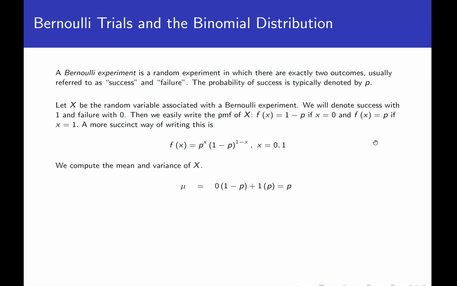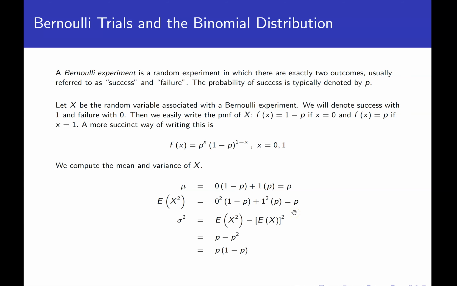Let's compute the mean and the variance of this particular distribution. Well, there's only two possibilities for x, right? It's 0 and 1. We know the associated probabilities, so we get p for the expected value of x. We can do the same thing for the expected value of x squared. All we do is square the outcomes, but 0 squared is 0 and 1 squared is 1, so we still get p for that.